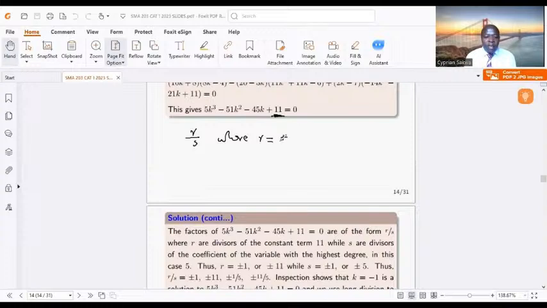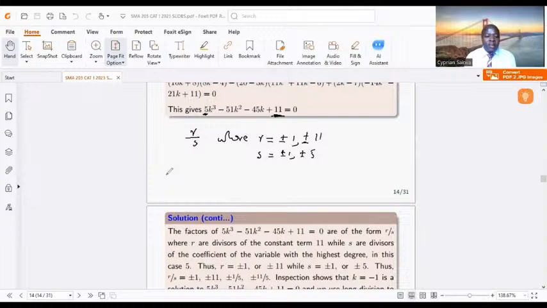The divisors of 11 are plus and minus 1 and plus and minus 11. And S are factors of this constant that has k with the highest power. So the factors of this 5 are plus and minus 1 and plus and minus 5.